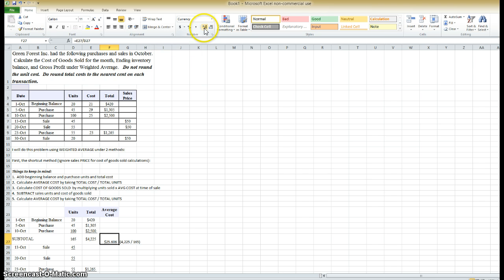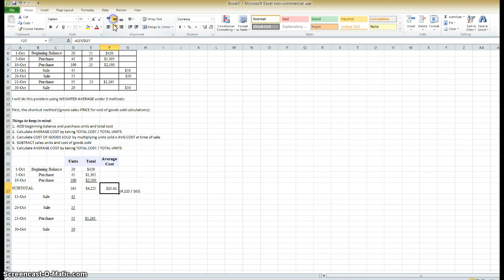This isn't going to come out evenly, so you could take it to 2 decimal places or 4 decimal places. In the instructions, they say do not round the unit cost, and do round total cost to the nearest cent. For our purposes, I think we're fine if we just take it to 2 digits. I'm going to be using formulas, so my numbers are going to use the exact value here.